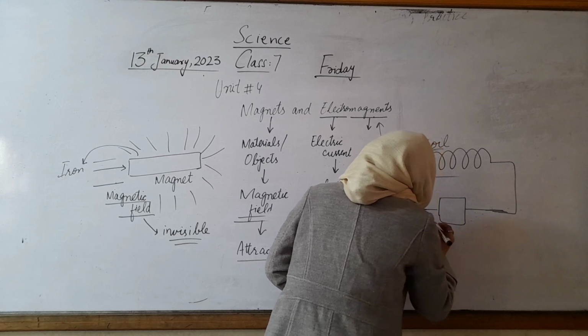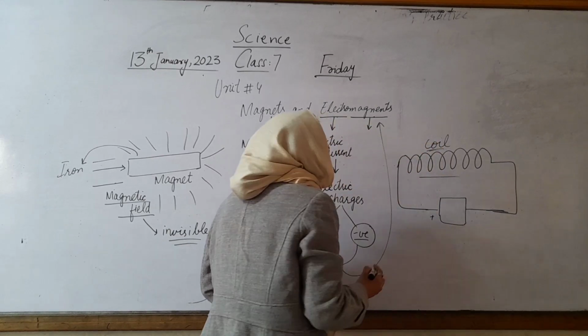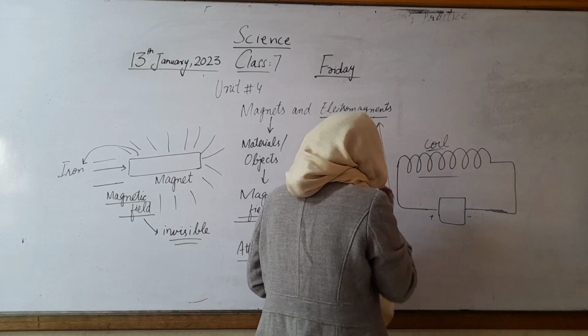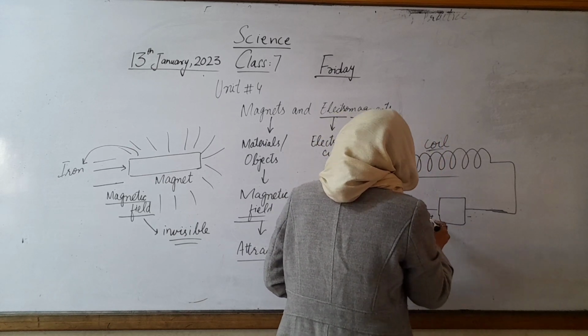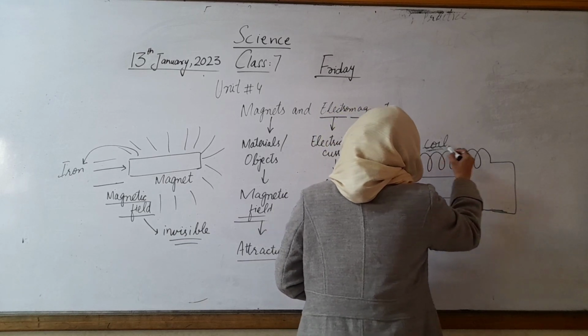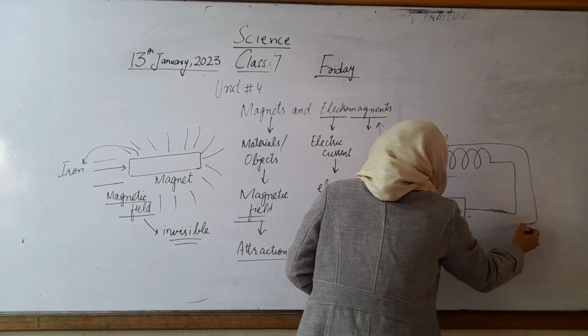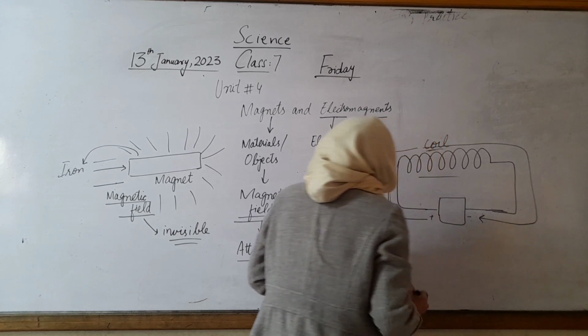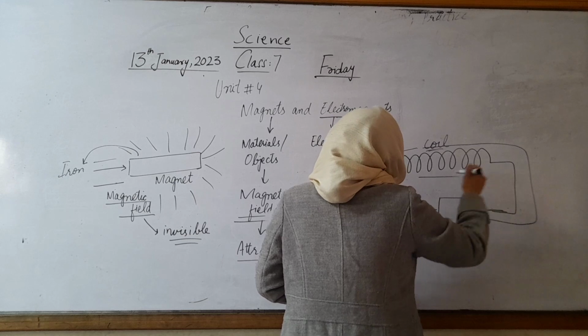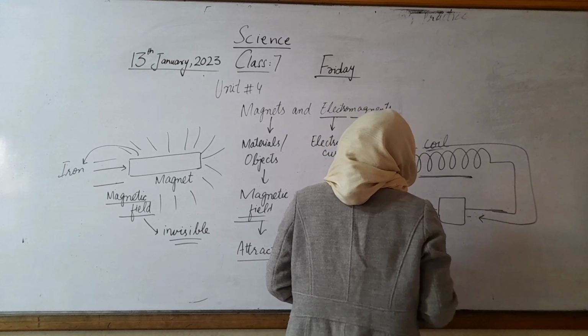One terminal has the positive charge and the other terminal has negative charge, and the current flows in this manner from the positive to negative only because of the force of attraction. Okay? This force of attraction creates the magnetic field in this coil.